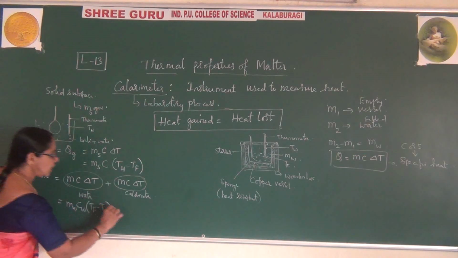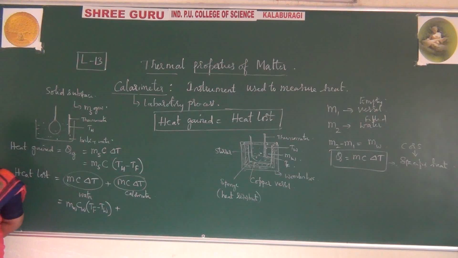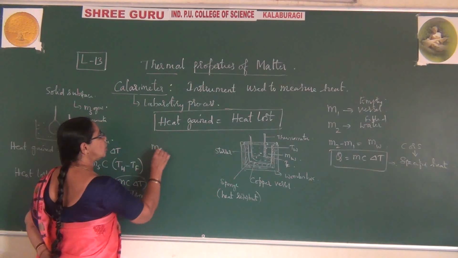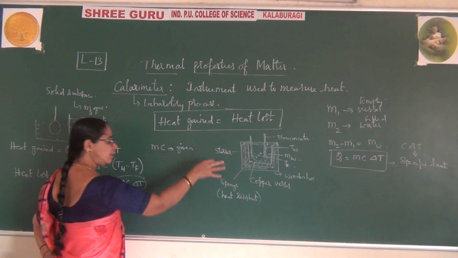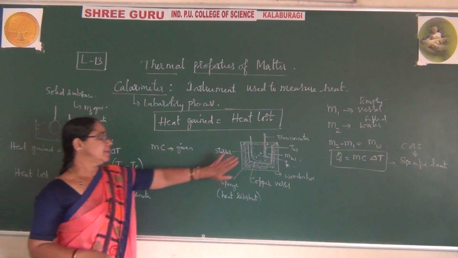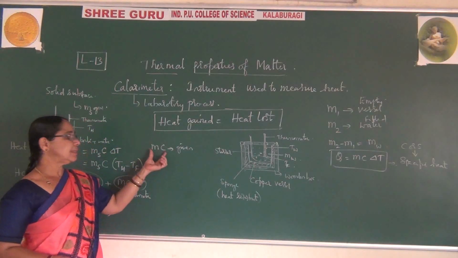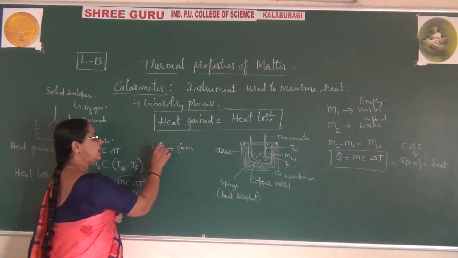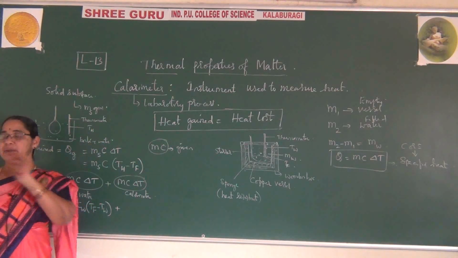Next step, this is for the calorimeter. So the mass of the calorimeter, and also C, the specific heat of the calorimeter. Remember, this M_C is already given, because for any calorimeter the value is given as per the laboratory, and it will be printed on the calorimeter itself.